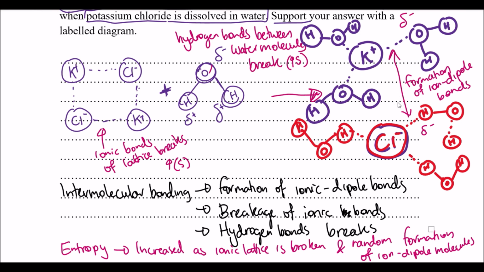Whilst that formation will reduce a little bit of the randomness, and there will be a slight decrease in entropy from that formation, the overall net change will still be positive because the ionic lattice is orientationally a lot more ordered.